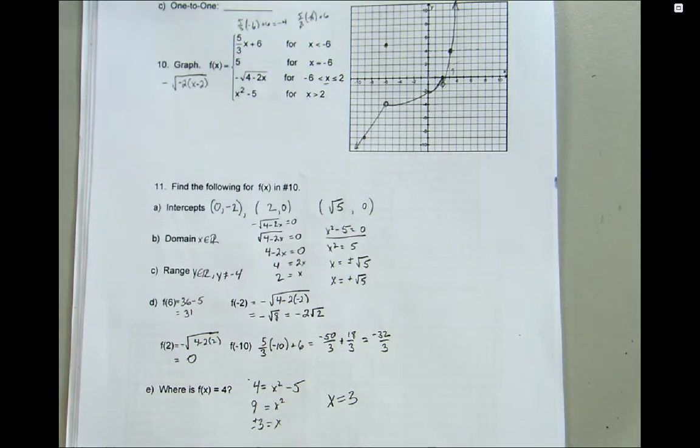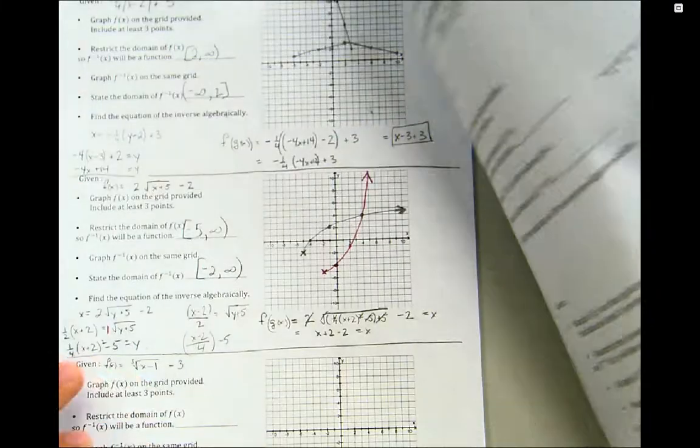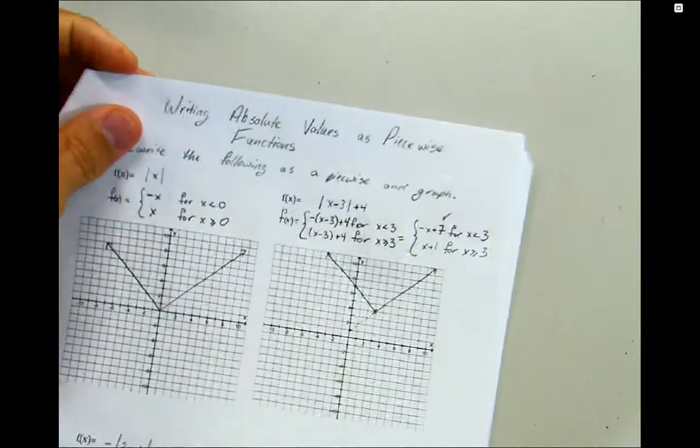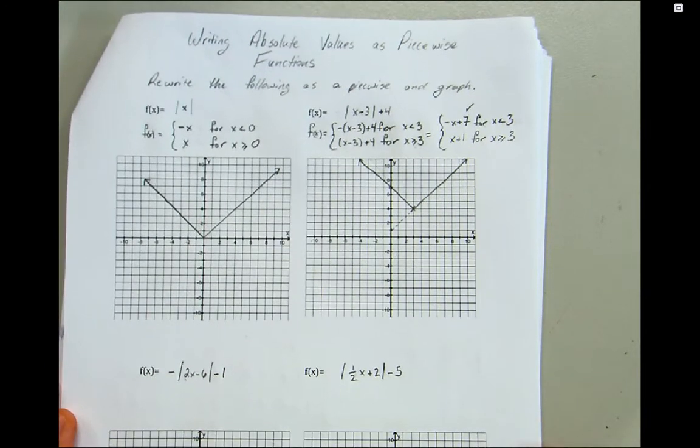All right, so that's going to give you guys a little bit of a shot of what you need for the quiz. So it was kind of this analysis of a piecewise function and building one. Okay, and then on page 28, those writing absolute values as piecewise functions.